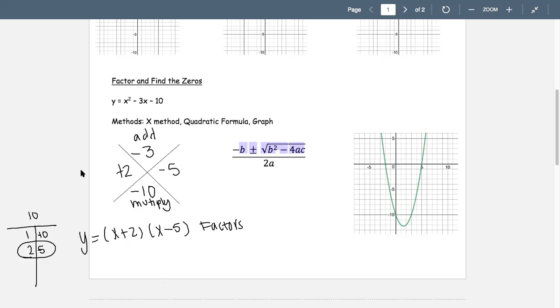Okay, I solved for x. I set both of my factors equal to 0. Alexa, this is what you were saying, but you just weren't saying it. Yes. I set both of my factors equal to 0 because the y value at the x-intercept is 0. So I would solve for each x.